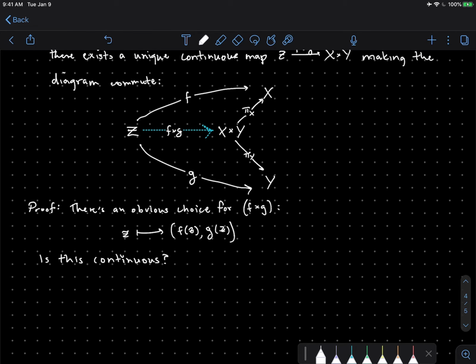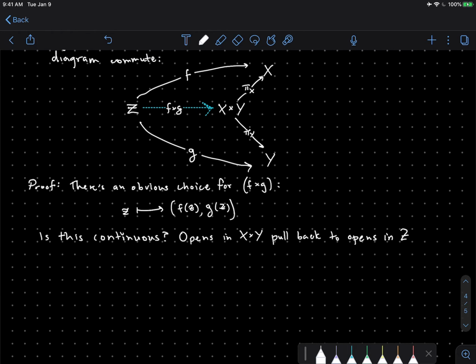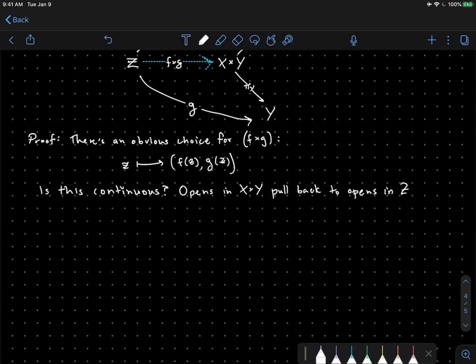Well, what we need to do is check that open sets in X cross Y pull back to opens in Z, and open sets in X cross Y are generated by the products of open sets in X and Y. So a basis element would be an open in X cross an open in Y.